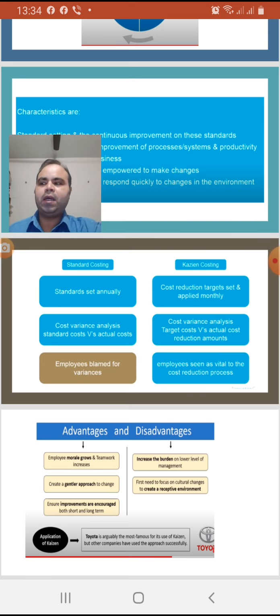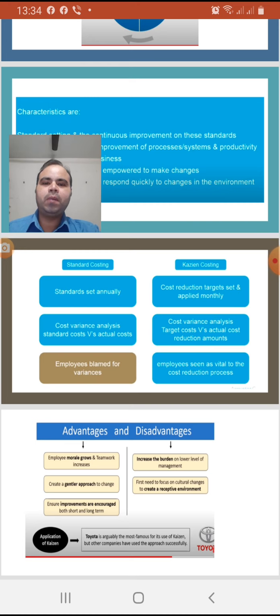Now we come to the advantages and disadvantages of the Kaizen costing system. The advantages of Kaizen costing system are that it boosts employee morale, teamwork increases, and it produces better results. It creates a gentle approach to change rather than a radical or big change.